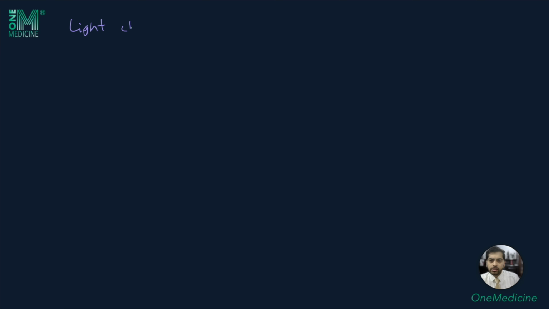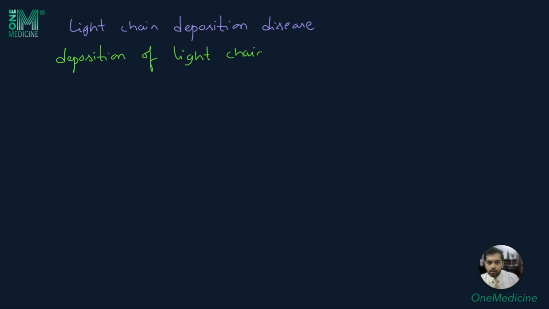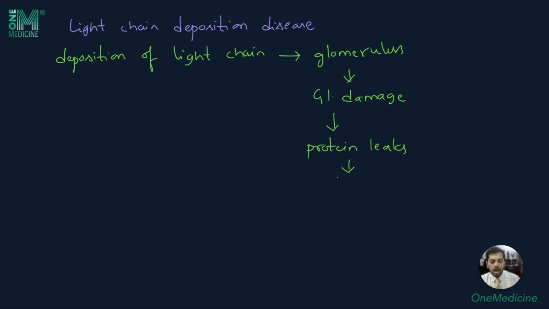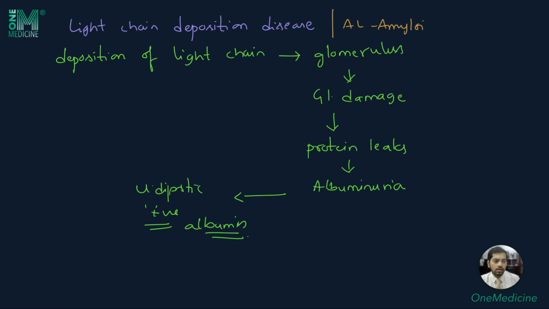Whereas in light chain deposition disease, the deposition of light chain happens within the glomerulus, leading to glomerular damage and hence causing protein leaks where albuminuria is present, and these patients have a urine dipstick positive as they are detecting albuminuria. Even AL amyloidosis can present similarly with a urine dipstick positive for albumin.